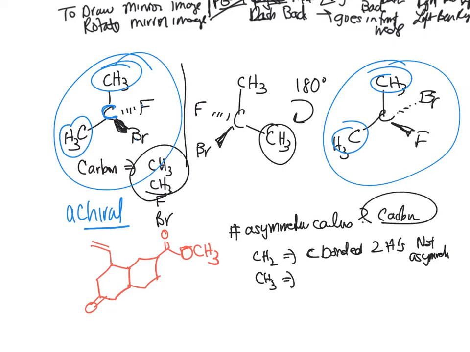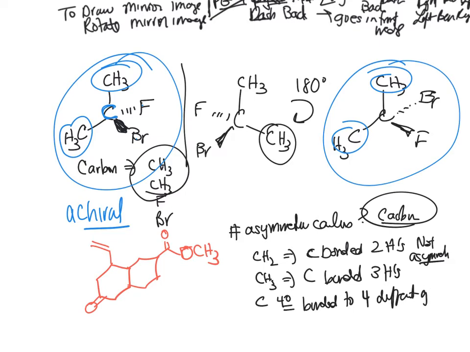Let's look at carbon. That carbon is bonded to 3 hydrogens, so that's not asymmetric. Basically you're going to look at a carbon that is bonded to 4 different groups, and it could be carbon, but bonded to 4 and no hydrogens.